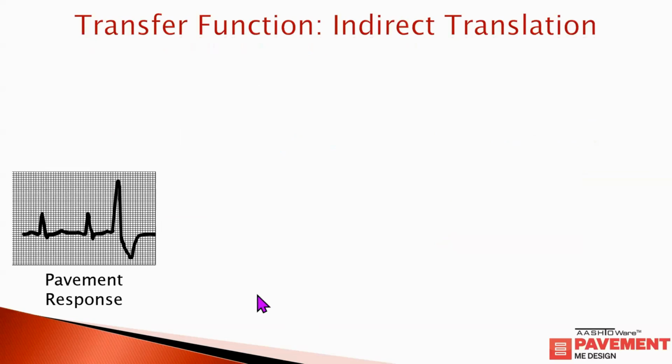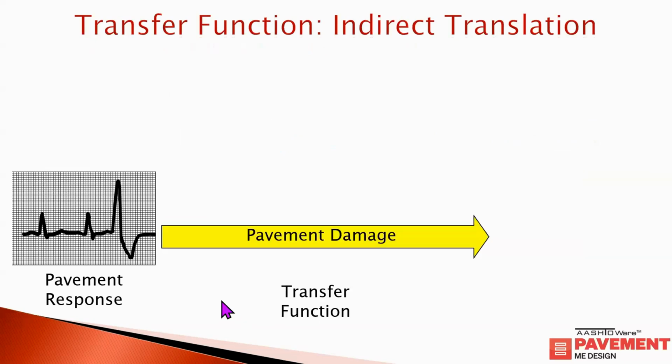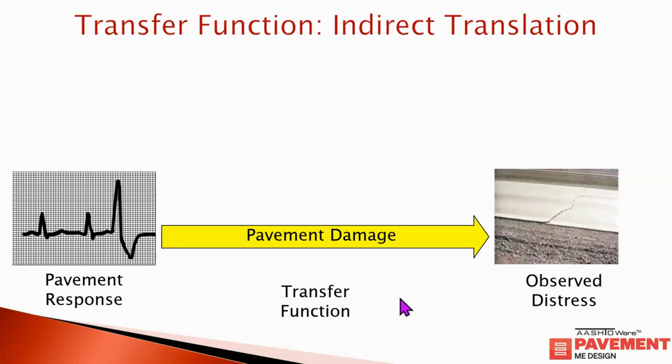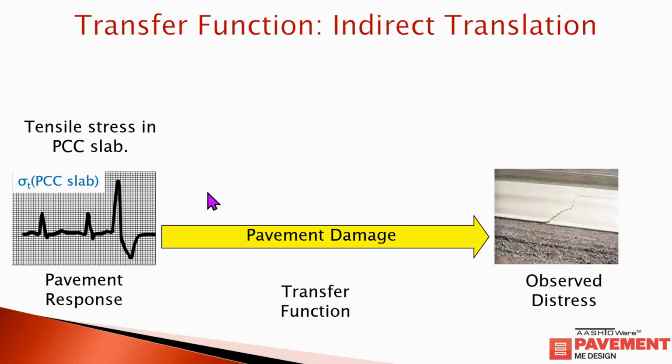Now, most of the models entail some type of damage accumulation. So you're going from pavement response through the transfer function to the observed distress. And in this case, if we're looking at concrete cracking, mid-slab cracking from fatigue, the key pavement response is going to be the tensile stress at the edge of the middle of the slab.